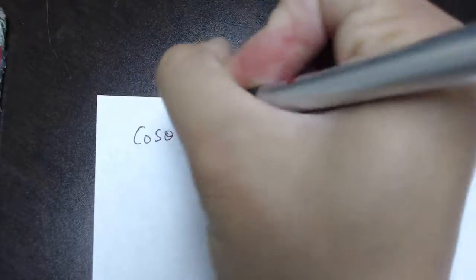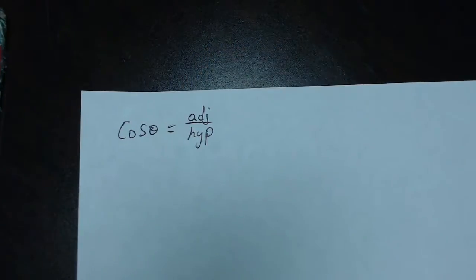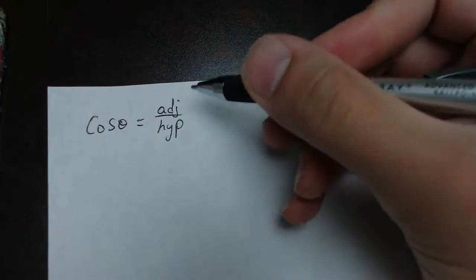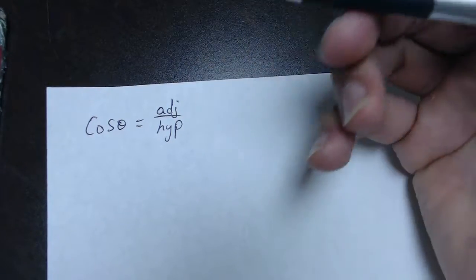So if we have cosine of theta, one way to think of that if we use our normal trig functions is that's the adjacent over the hypotenuse, right? And the reciprocal function would be just to take this and put it underneath 1, or to invert it, right?